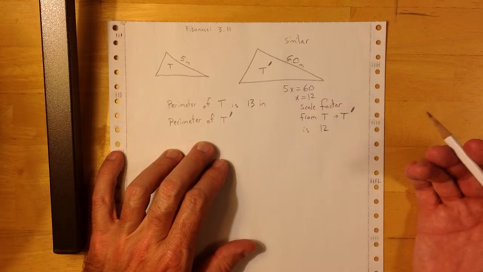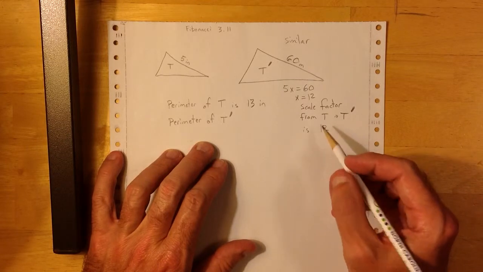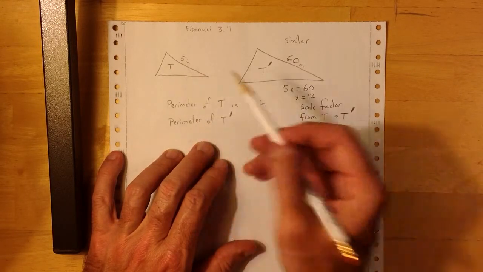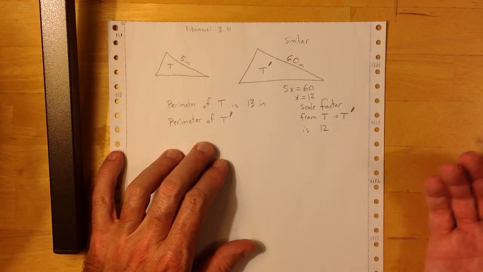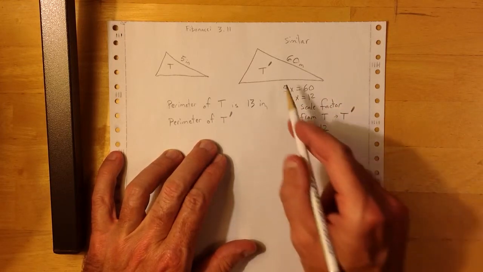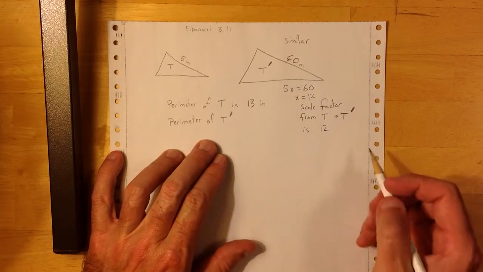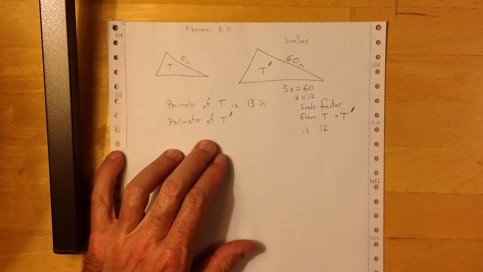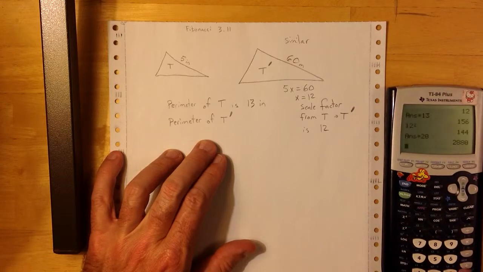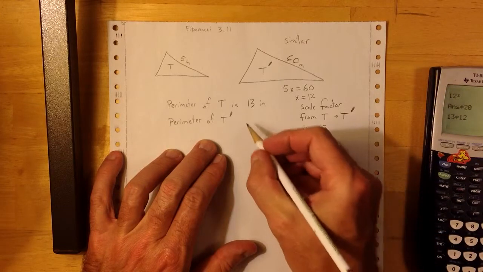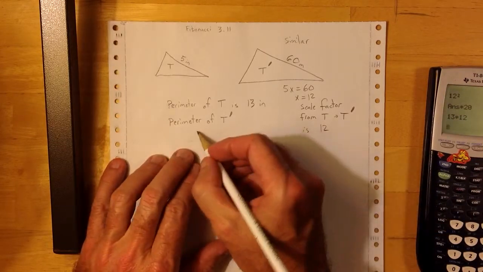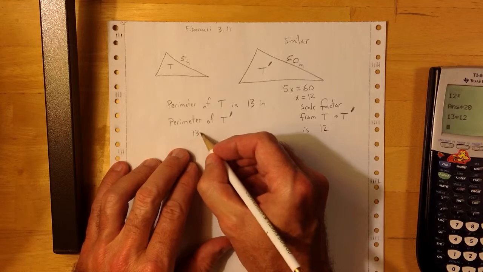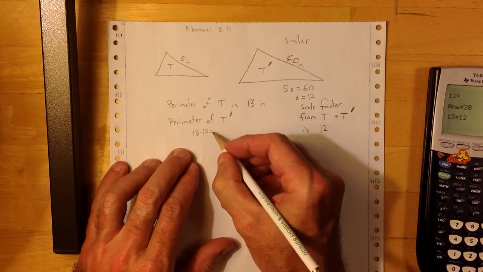these linear things, we can just multiply the perimeter of the first one by the scale factor and come up with the perimeter of the new figure. So if we take our 13 and multiply it by the scale factor of 12, we're going to come up with 156.